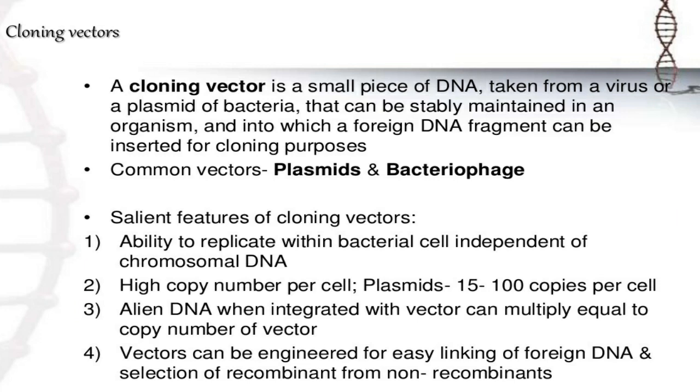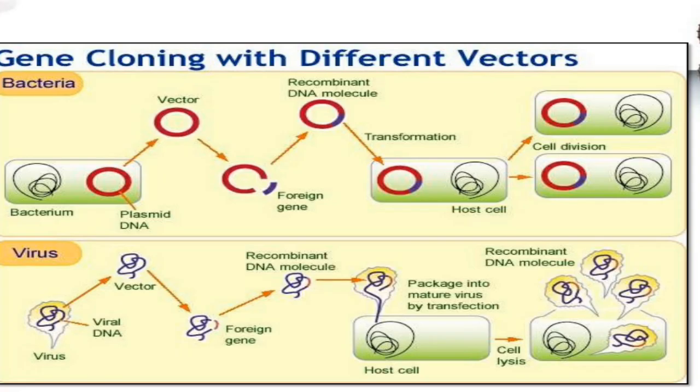Second, high copy number per cell; plasmids have 15 to 100 copies per cell. Alien DNA, that is foreign DNA, when integrated with the vector can multiply equal to the copy number of the vector. Vectors can be engineered for easy linking of foreign DNA and selection of recombinants from non-recombinants.